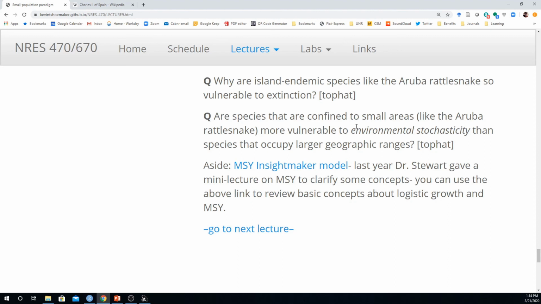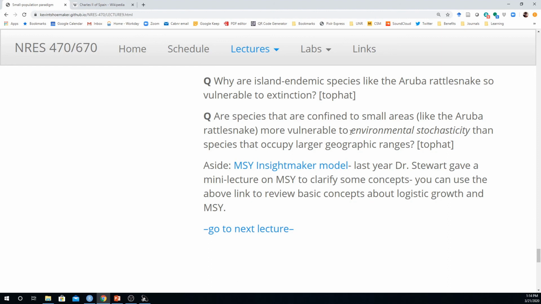And the other question is, are species that are confined to small areas, like the Aruba rattlesnake, more vulnerable to environmental stochasticity than species that occupy larger geographic ranges? Now, just note that I'm talking about environmental stochasticity here, not demographic stochasticity.